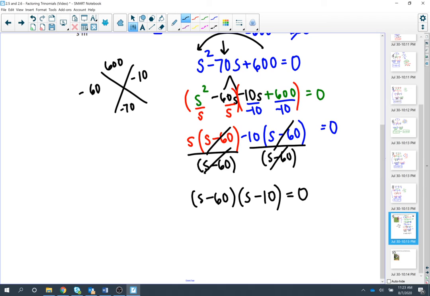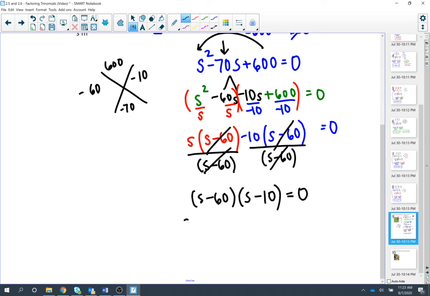I got it in factored form, but this wasn't a problem saying get it in factored form. This problem said how much area is that square? Well, in order to find the area of the square, I need to know what S actually is. So now we're going to take our solving and put it with our factoring, and we're going to apply that zero product property.